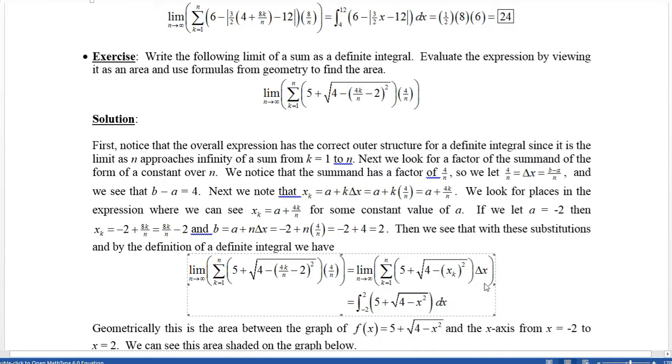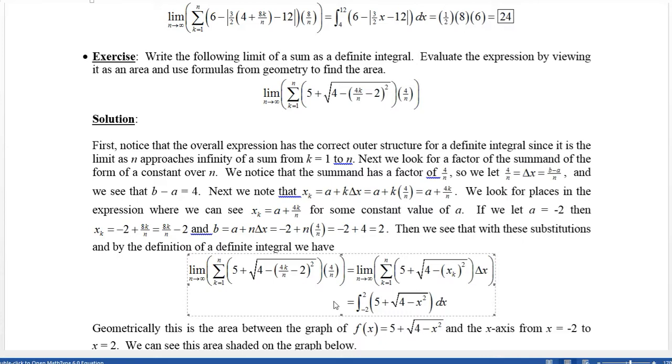So now we see that the delta x becomes the dx, and the x sub k becomes the x when we do our limit, as n goes to infinity, and this Greek sum, the sigma, is replaced by the long skinny s for the sum, or integral, definite integral, in the continuous case. So this turns out to be the definite integral from negative 2 to 2 of 5 plus the square root of 4 minus x squared dx.